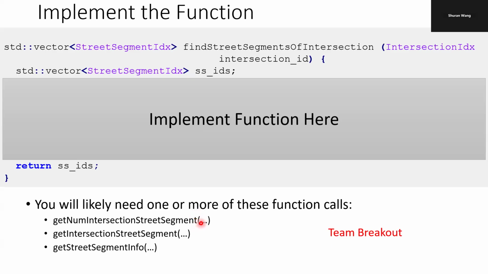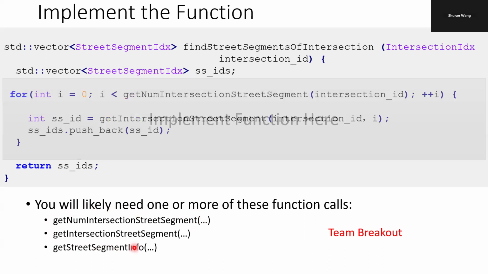And then we loop through all of them and call the get intersection street segment for each of them. So we loop from 0 to get num intersection street segment, intersection ID -1. And in each of the iteration, we call get intersection street segment, intersection ID, and I. And we push back whatever's returned from here into the return vector.